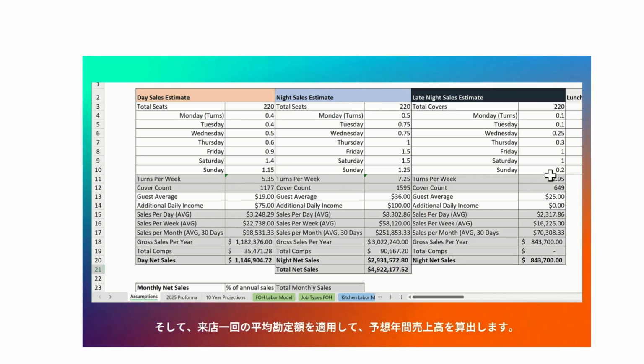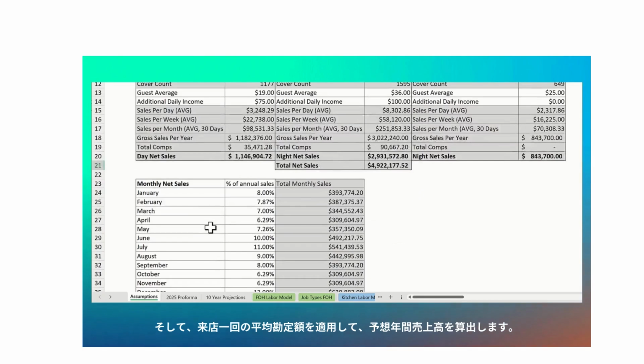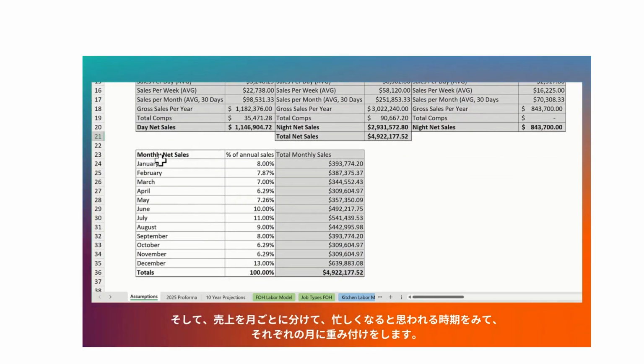We then apply a guest check average, and that produces our projected annual sales. We then break our sales into monthly categories and weight those months based off of when we think we're going to be busier in each time of the year.